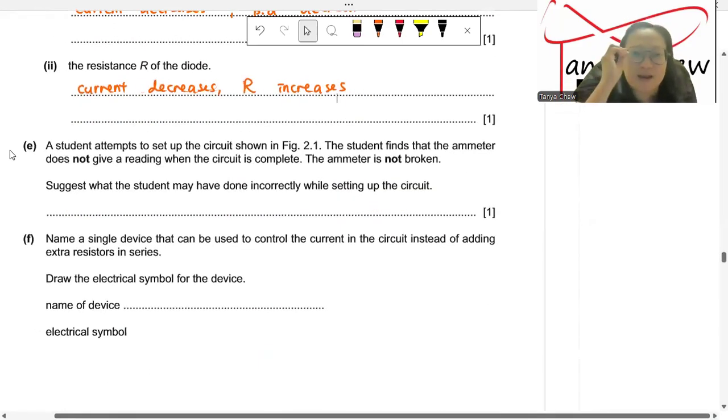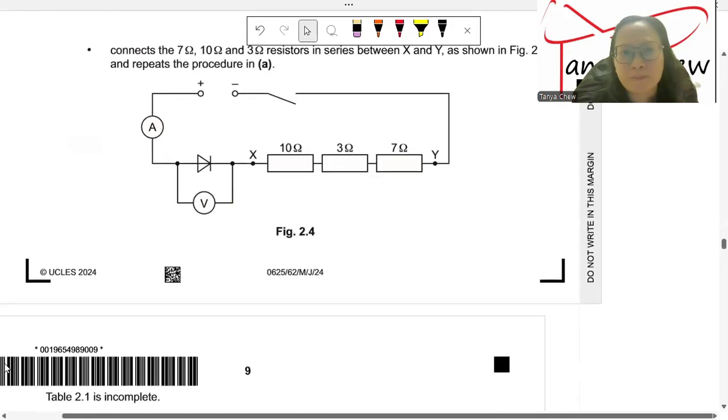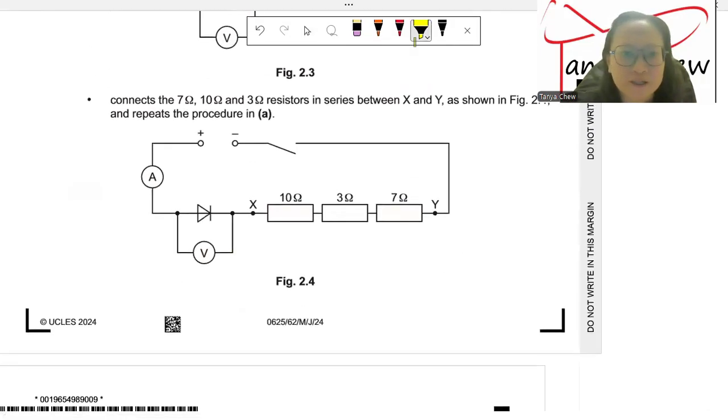E, a student attempts to set up the circuit shown in Fig 2.1. The student finds that the ammeter does not give a reading when the circuit is complete. The ammeter is not broken. Suggest why the student may have done incorrectly while setting up the circuit. Do you still remember the function of a diode? I'm going to focus on this diode only.